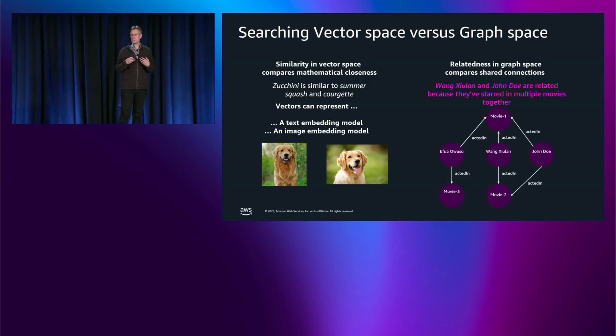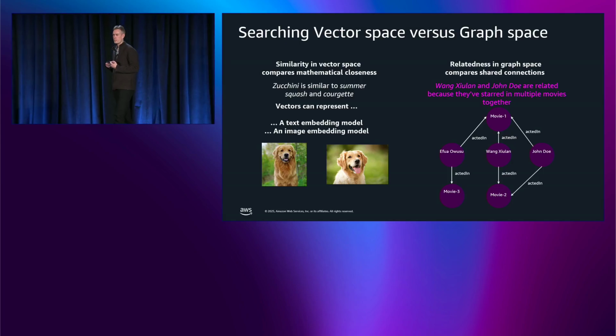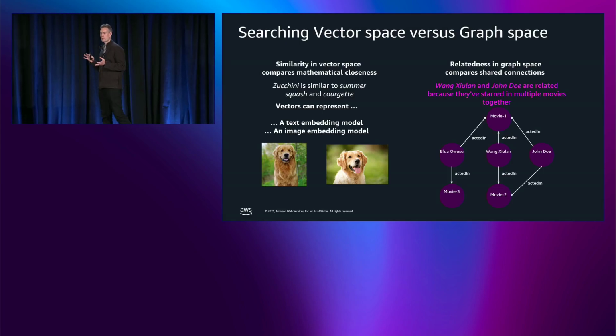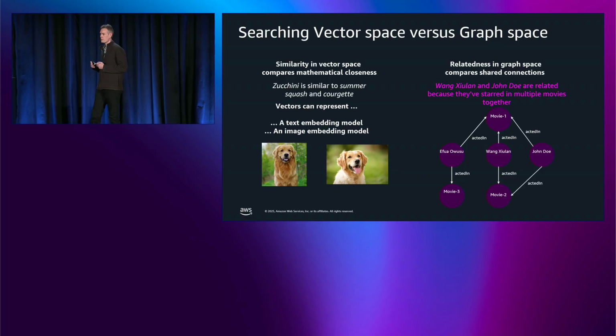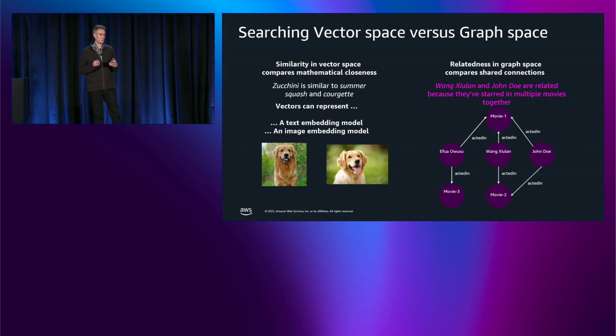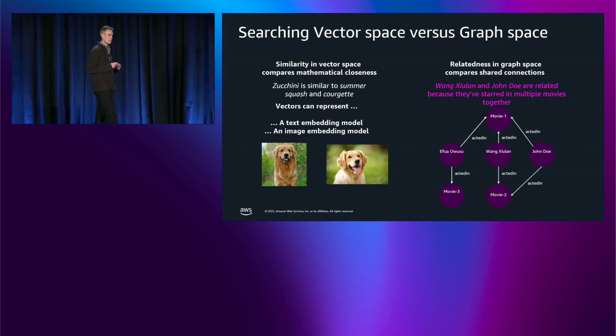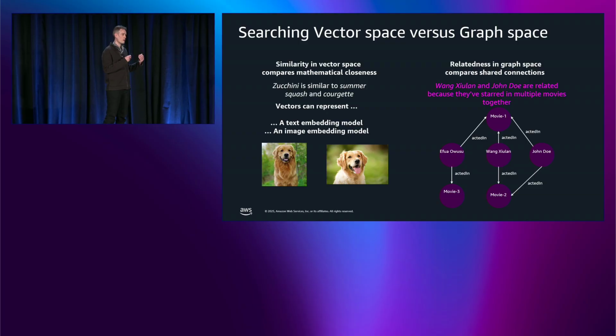But if you're trying to build an accurate application, you're trying to explain the results to someone, vector similarity search is really kind of a black box. You can't tell why some things are related.